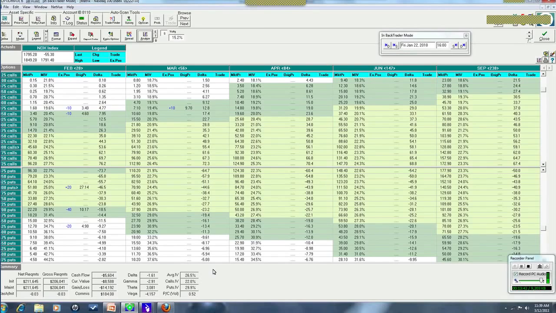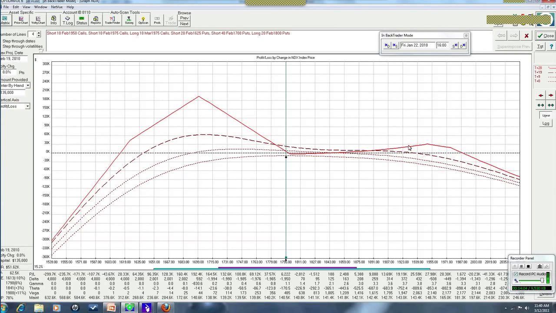So what you added was a ratio spread, the 1800, 1700, and it looks like you added to your 1625. I shorted 10 more of those. 10 more of those, and then you also seem to have bought 10 calls on that side. Now, what was that about?